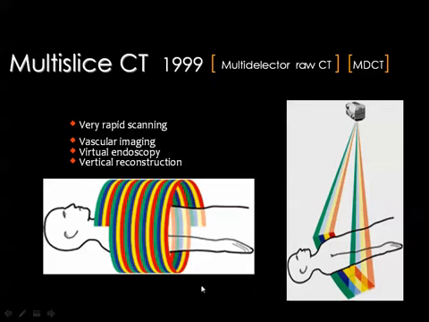The machine is either designed, or you put in your own examination protocol, and there should be some delay time between the injection of contrast media and the scanning in order to allow the contrast to reach the desired vessel.